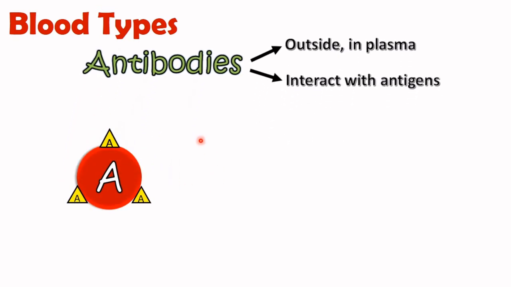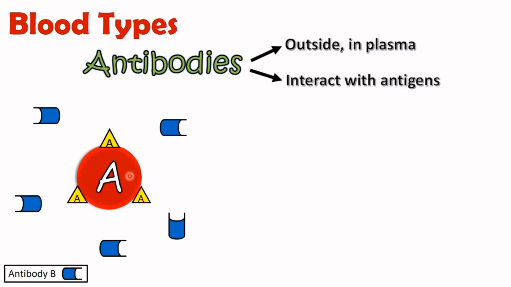So, if you have A antigen on your red blood cells, which is blood type A, it means that your antibody will be antibody B, because, as I said before, the antigen and the antibody must be opposite. If you have A antigen, your antibody must be antibody B. So, if a person with A antigen meets blood type A, your antibody will not make any response because they have the same antigens.